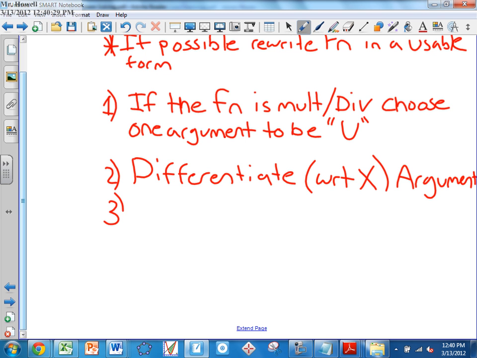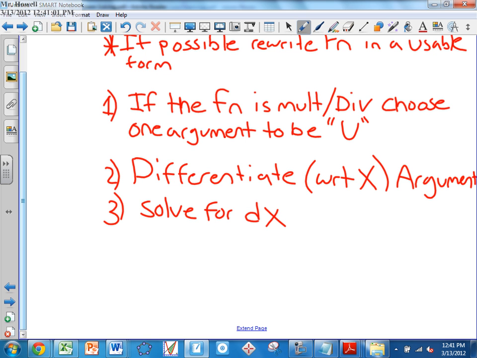Then after that, we solved for dx. And after that we substituted dx and the u.